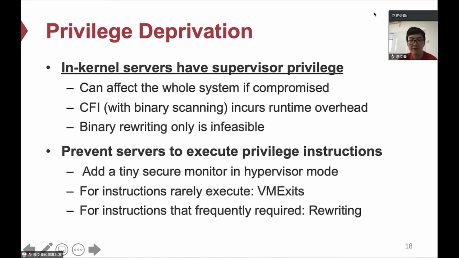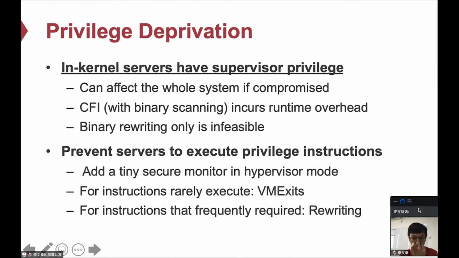For most privileged instructions that are not on the critical path, such as halt instructions, we configure them to trigger VM exit and enforce permission checks in the monitor. For others that exist on the critical path, such as writing CR3 instructions, we carefully handle them using binary scanning and rewriting. Such a hybrid solution is both efficient and effective.